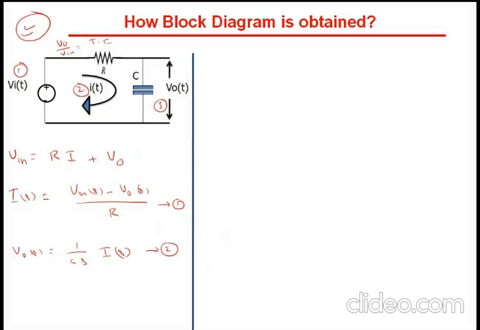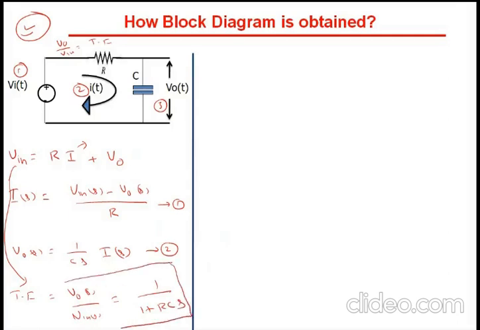Directly substituting I of s from equation 2 here, I will get the ratio V naught of s by V in of s. From this expression, I can get the transfer function using the differential equation. If you solve, as you got in the previous class, V naught of s by V in of s is equal to 1 by 1 plus RCS, which you got using the differential equation method.